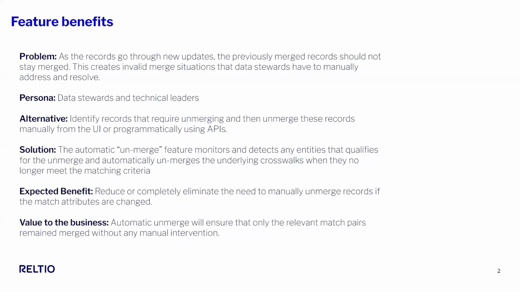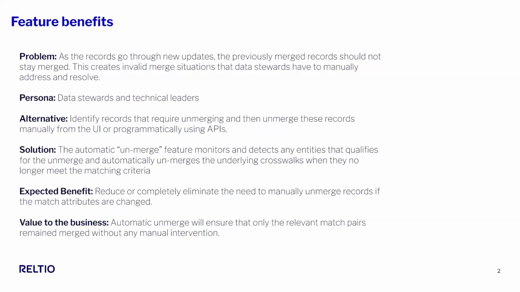That is not what happens with most of the MDM platforms that you have seen. The expectation then is for data stewards to go look for those records and unmerge manually, which takes a lot of time. And even before we start with the unmerge process, how would you even know what you need to fix? This is a very interesting and a very complex problem that many of our customers were facing.